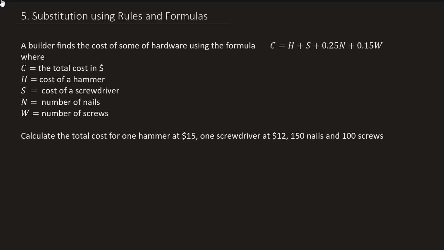And the question asks you to calculate the total cost for one hammer at $15, one screwdriver at $12, 150 nails, and 100 screws. Let's write the formula out.